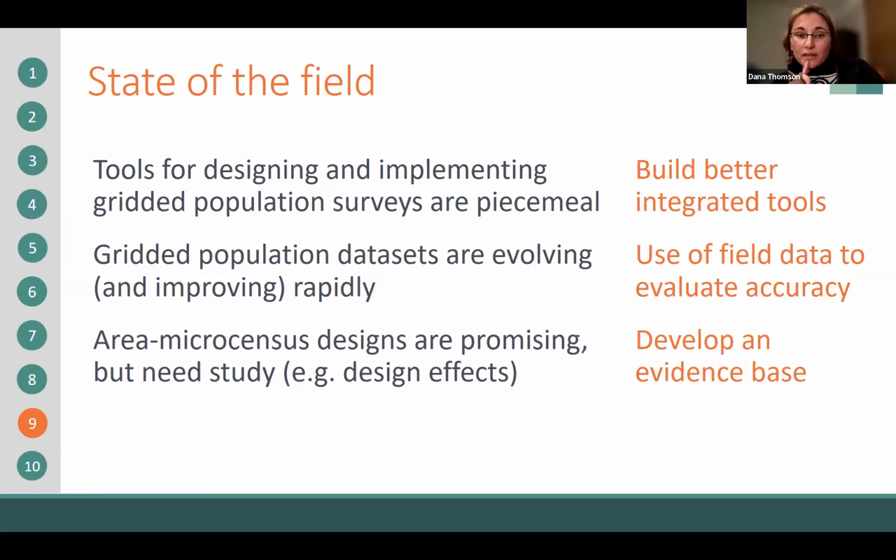And then finally, while the 1-stage or 2-stage area microcensus designs that I've flagged are very promising, it is true that we don't have many examples of them being done in the real world. So if you are planning a survey and you need some estimate of the design effects of using this sample design, we don't have a strong evidence base at the moment. And so we really need to develop that. We can do that with simulation studies. We can do that by reporting our results out from surveys that have used this design.